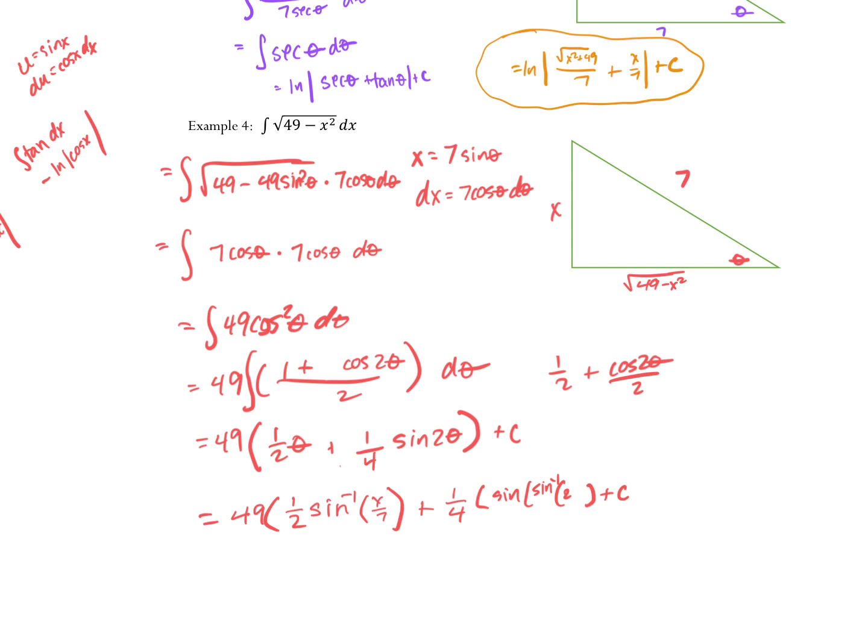Because I feel like it would. I feel like it should. But that makes sense, though, because they're inverses. So hold on. 1/4 times the sine of 2 arc sine x over 7.